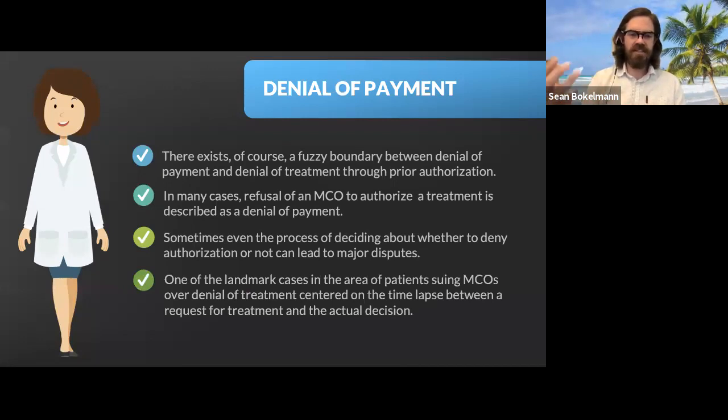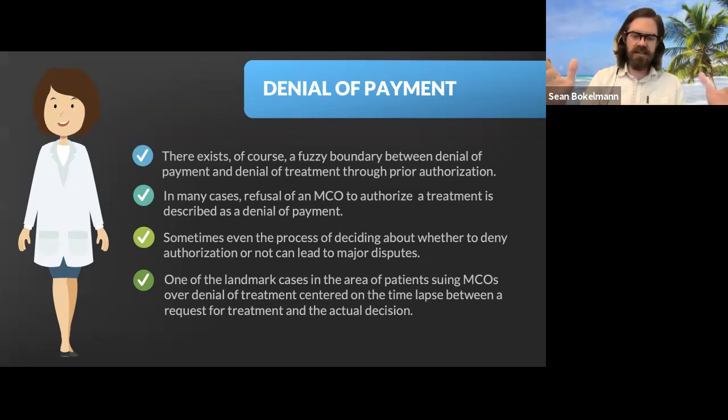In fact, there was a landmark case where patients sued an MCO over the denial of treatment. The lawsuit was centered on the amount of time that took place between the request for treatment and the actual decision. So these are somewhat controversial means of trying to control costs, and the boundaries between them can be somewhat blurry.